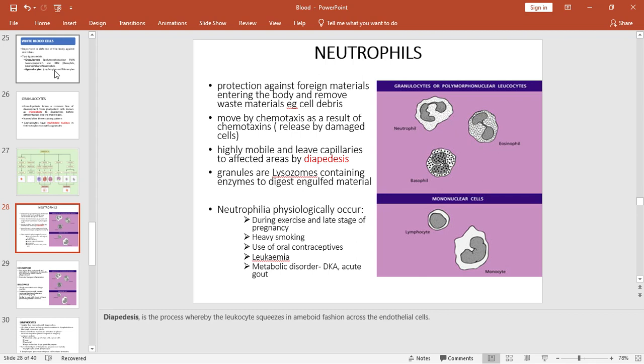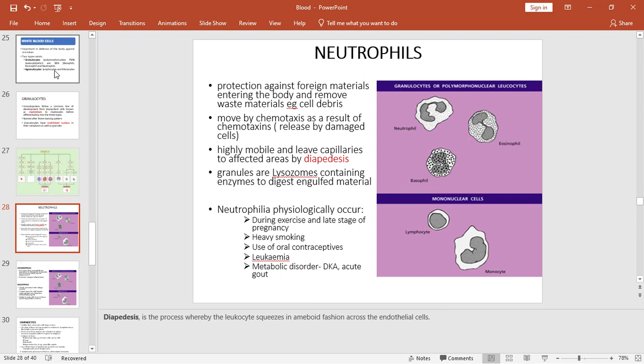So what would happen is that sometimes when there's a site of infection, the site of infection is going to produce certain chemicals. These chemicals are going to cause the movement of these neutrophils to the site of infection, basically. In addition, these neutrophils are able to come out of the vascular compartment into the interstitial spaces by a process called diapedesis. Okay?